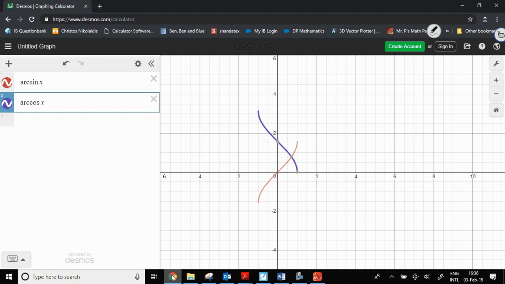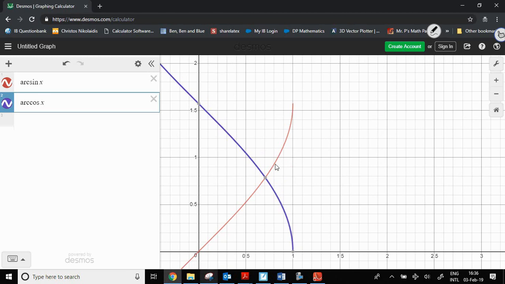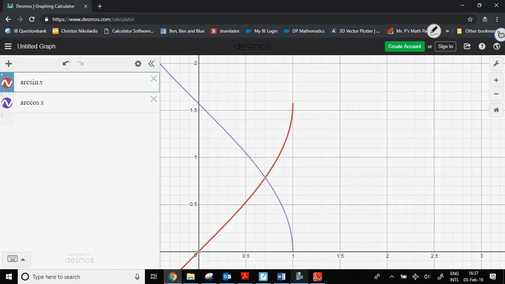Their derivatives, however, do not include -1 and 1, nor could they from a graphical perspective, because while I could get closer and closer to, say, x equals +1 on either of these graphs, there's no way that I could take the slope of the tangent line at exactly that endpoint, because recall that the derivative is a limit as h approaches 0, as our distance between the 2 points approaches 0.